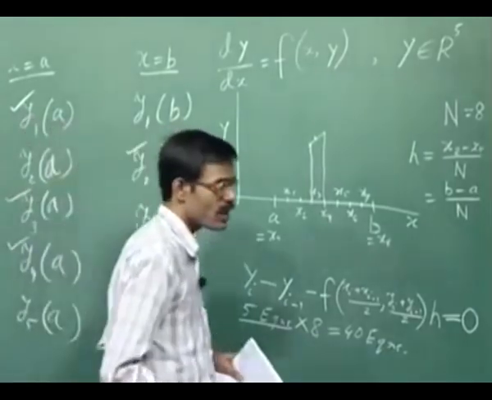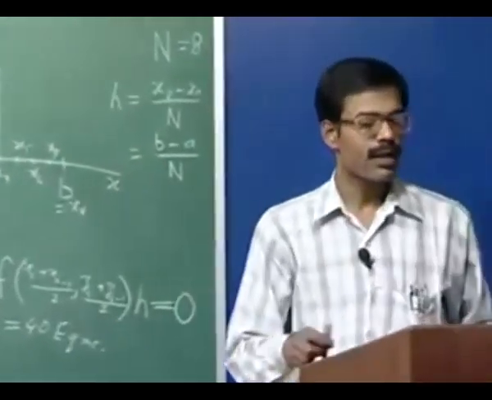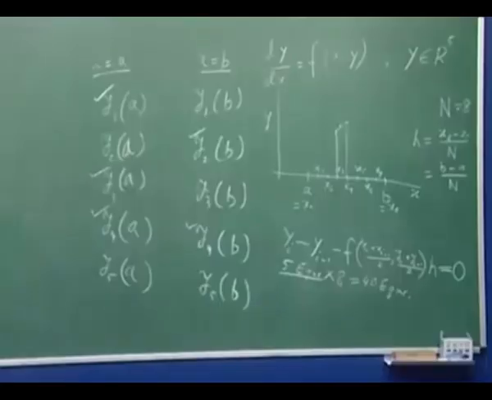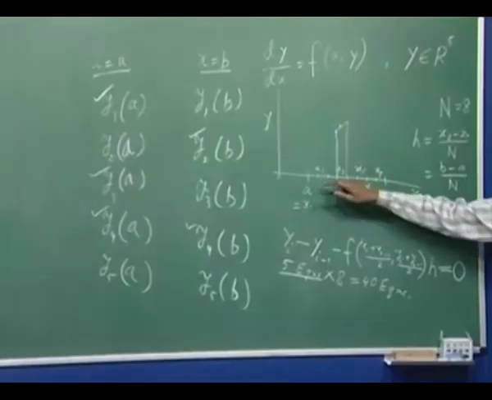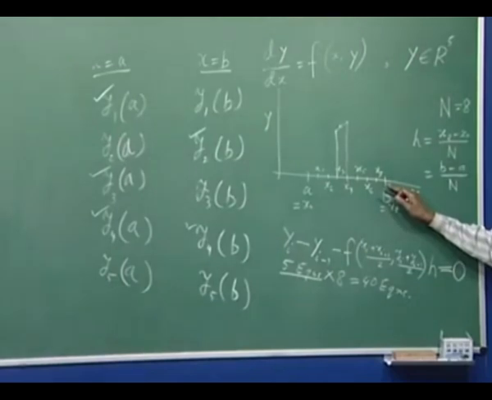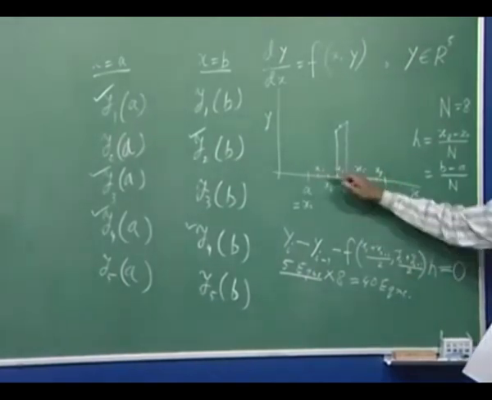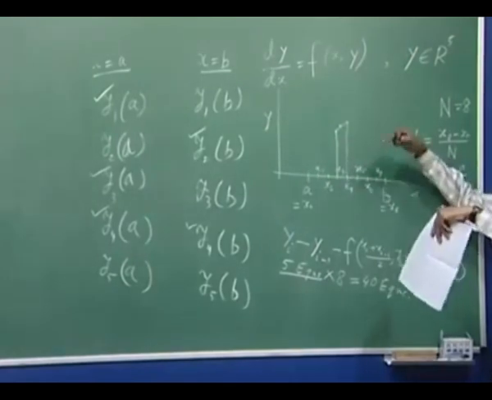Now, let us see the outline in a generalized form. First of all, the finite difference relaxation method adopts a global perspective. That is, it tries to get the solution all over the domain at once. Okay, and from this point to this point, everywhere it tries to adjust the solution together.